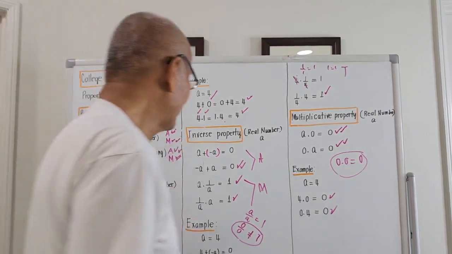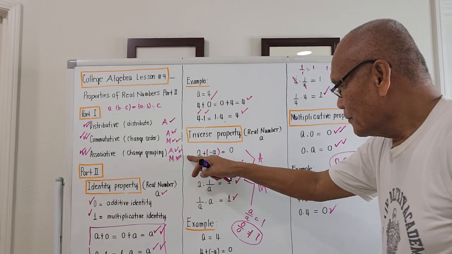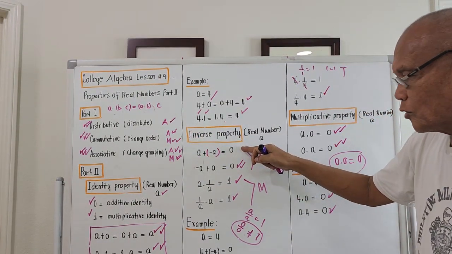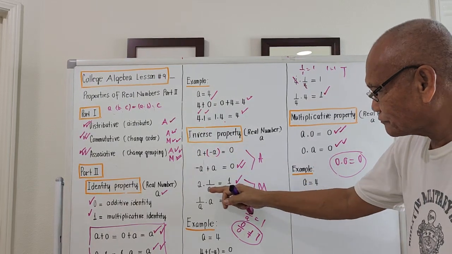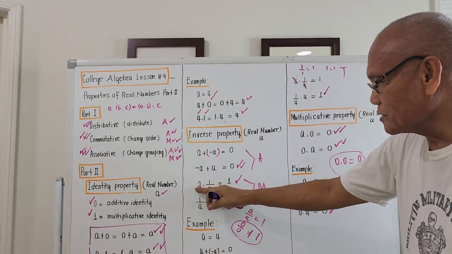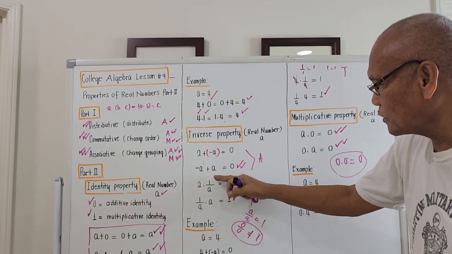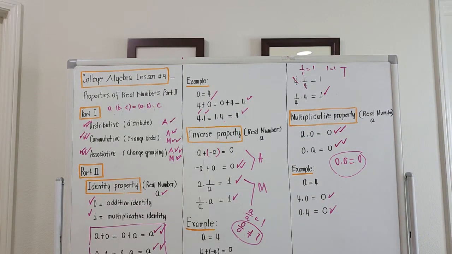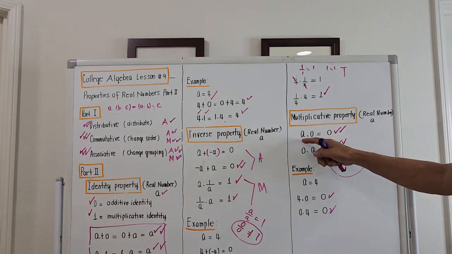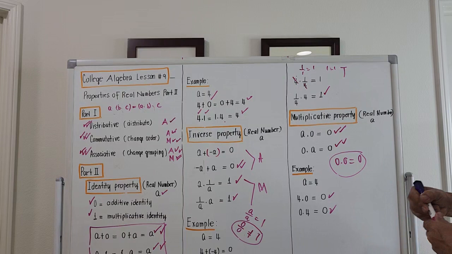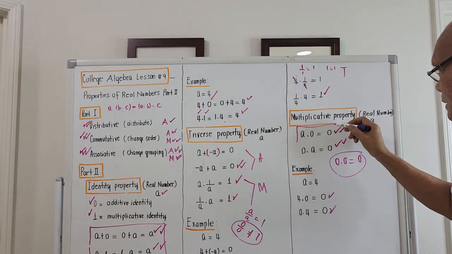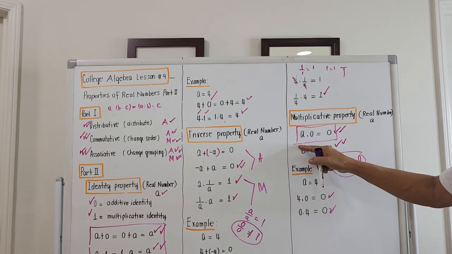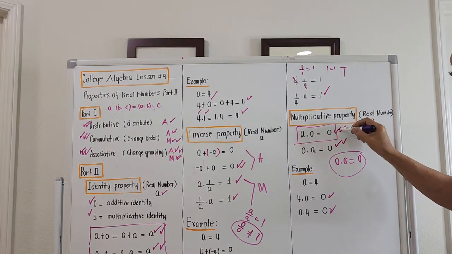Under the inverse, any real number you add its inverse, the sum will be 0. And under multiplication, a times its inverse, which is 1 over a, the result will be equal to 1. And under the so-called multiplicative property, a times 0 will be 0. Any real number, whether plus or minus, multiplied by 0 will be equal to 0.